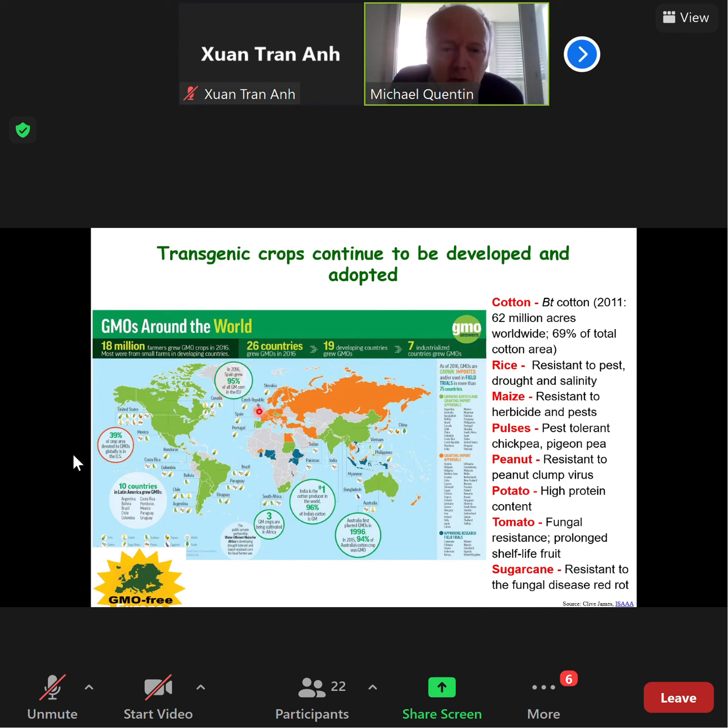And then you have the countries in blue, including Vietnam, your country, where the culture of GMO crops in the field is forbidden, but for research trials.